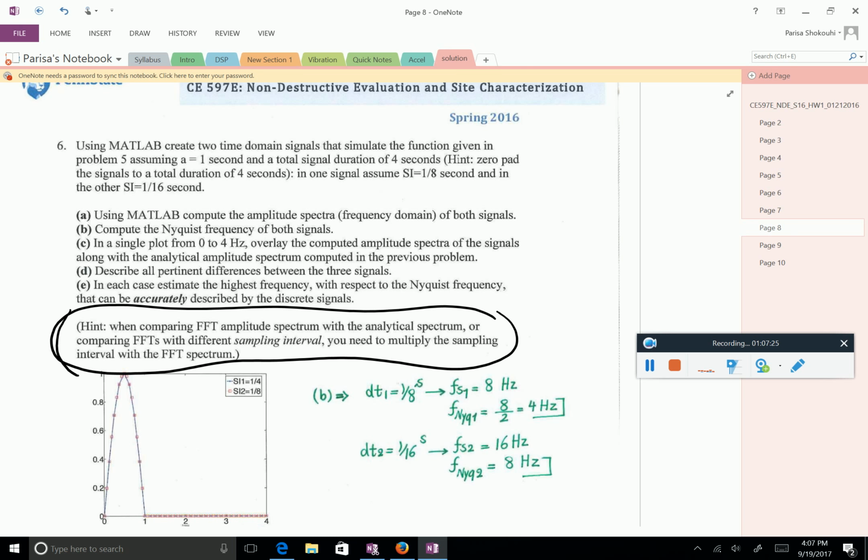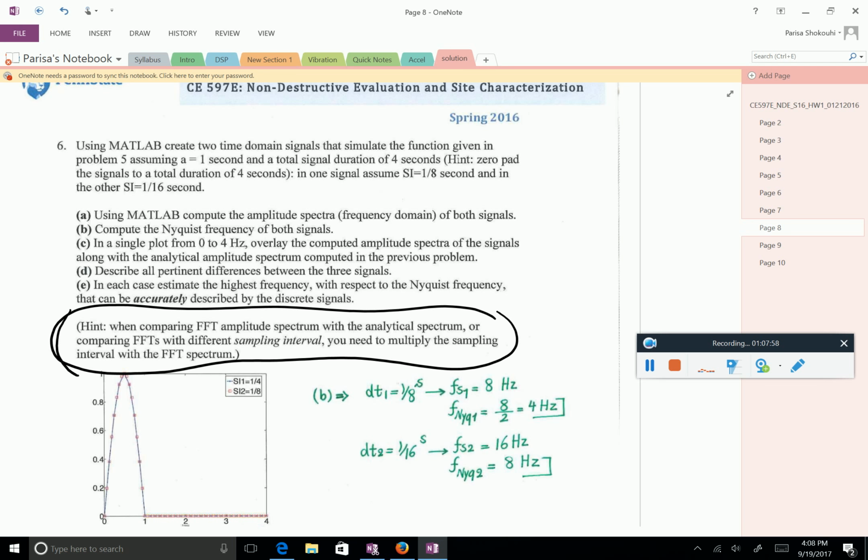That's why your amplitudes don't match the analytical solution. If you look at MATLAB help for FFT, it's even written there that MATLAB calculates as if the sampling interval is 1. It never multiplies it by dt. But I put this hint here because I knew that probably you didn't pay attention. And most of you did not read this hint.